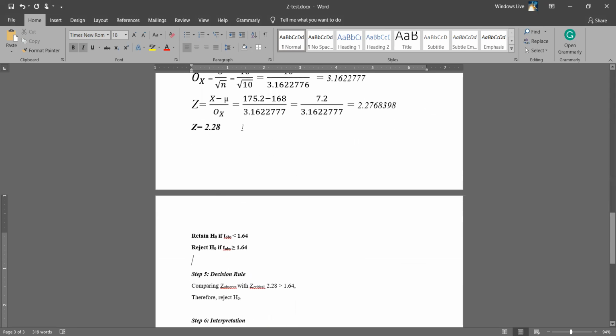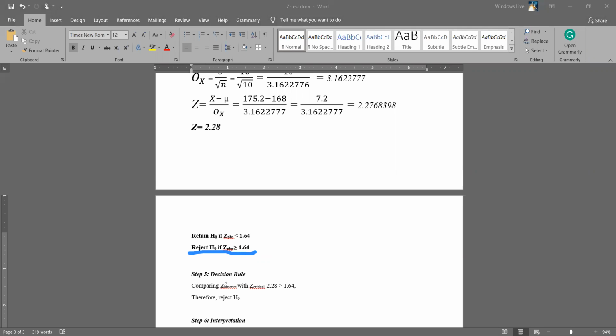We indicated that when our z observed is less than 1.64, it means that we have to retain, but when it is greater than or equal to 1.64, we have to reject. So you ask yourself, is this z observed greater than or less than? You can see 2.28 is greater than 1.64. Hence, we have no other option than to reject H0.